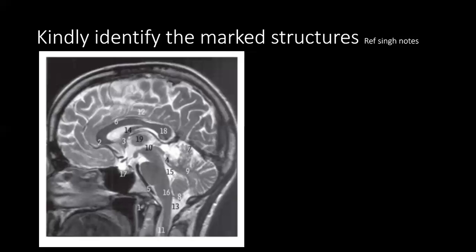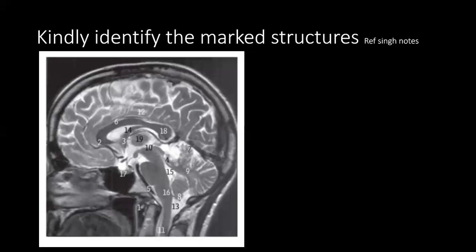Cisterns are spaces where CSF collects from the subarachnoid space, and there are several cisterns. The largest is the cisterna magna, then the prepontine cistern, interpeduncular cistern, suprasellar cisterns. These are several cisterns. Okay.